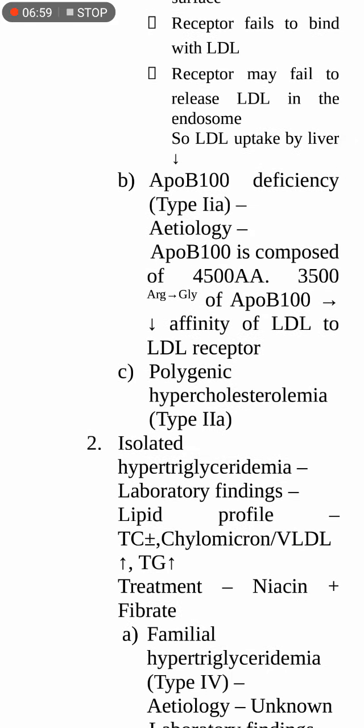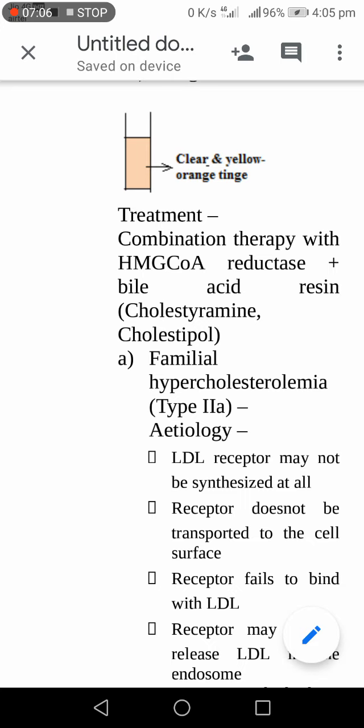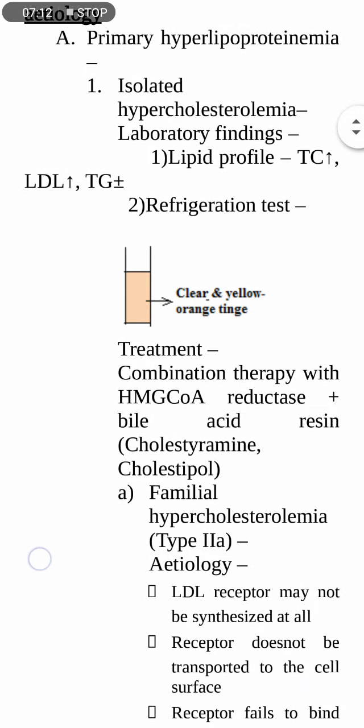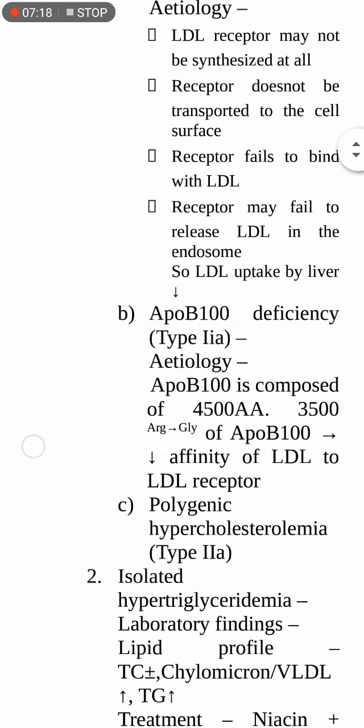Next is polygenic hypercholesterolemia. So these are the three causes of isolated hypercholesterolemia: it may be familial, it may be ApoB100 deficiency, or it may be polygenic.